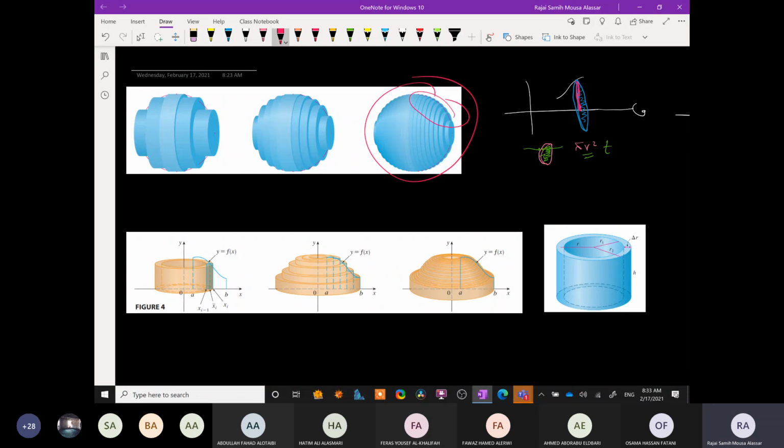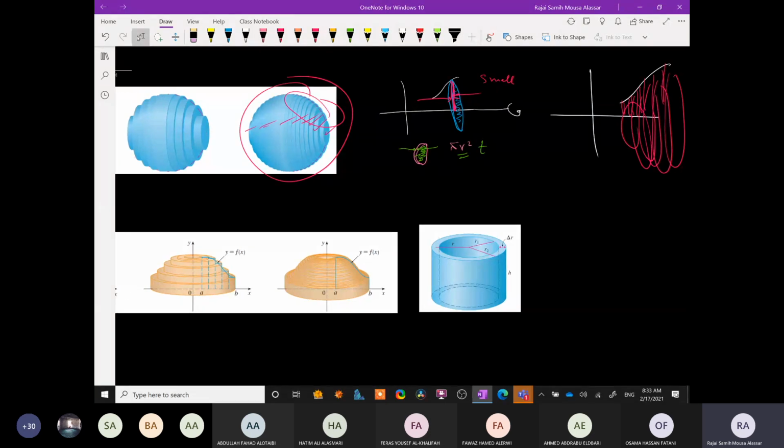So that delta, this width here, becomes very, very small, and that's exactly what a dx or dy is. And that's why we put an integral. Integral means that I will just add this to that, to that, to that, and so forth. So this was the idea of calculating volumes by cylindrical disks.